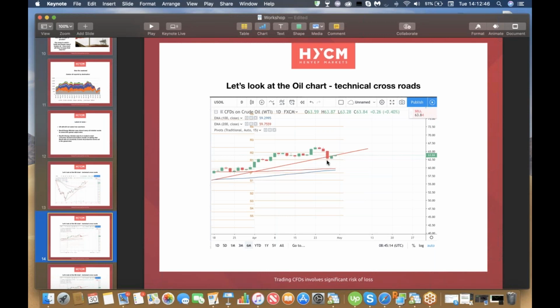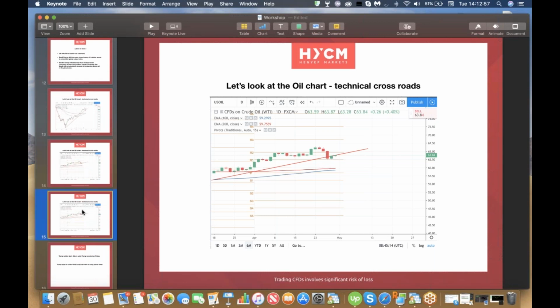I wasn't expecting the oil chart to go down this far, but it has moved back and found support at this level, the underside of the trend line. So we're literally just testing that key area here, which is around the 63, 64 mark. So around the 64 level is the key technical line in the sand now for oil.